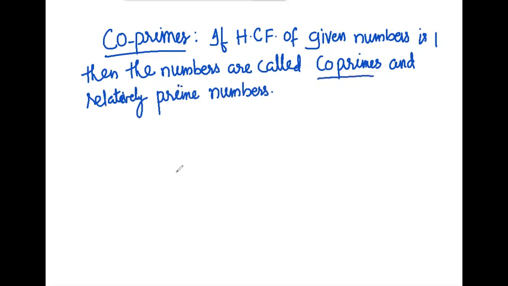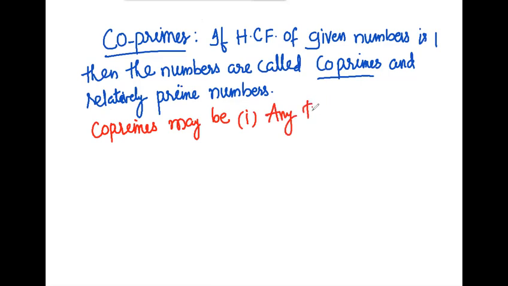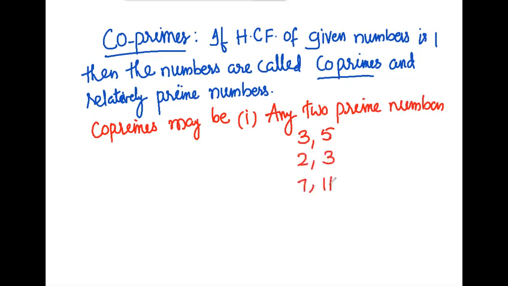Co-primes may be any two prime numbers. For example, 3 and 5 are co-primes because their common factor is 1. 2 and 3 are also co-primes. 7 and 11 are also co-primes because their common factor is 1.